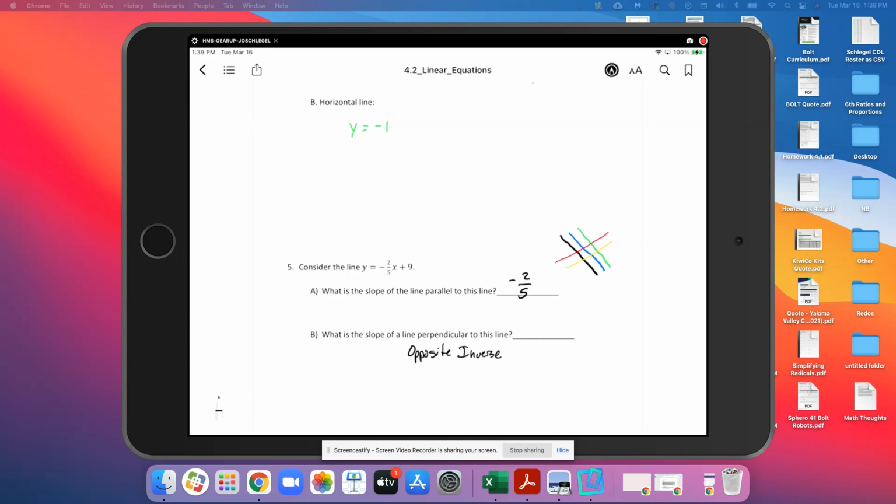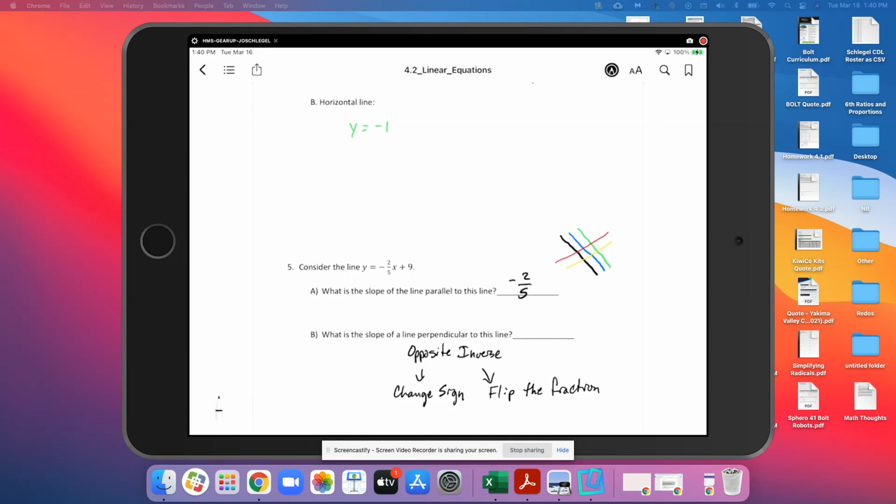What I mean by opposite inverse is change the sign, and what I mean by inverse is flip the fraction. So to get a slope that is perpendicular, we simply change the sign and we flip the fraction.